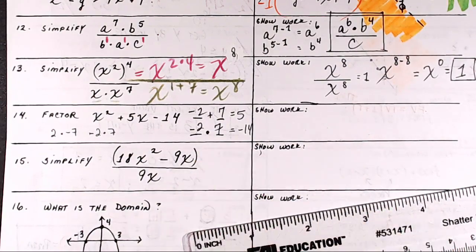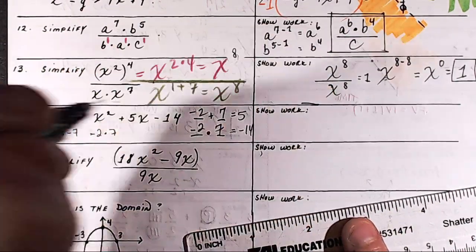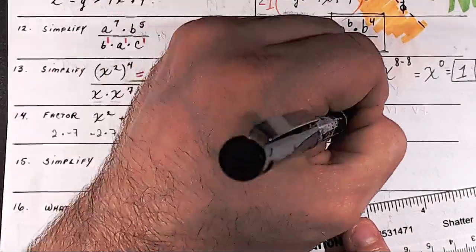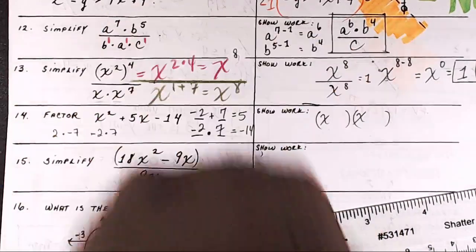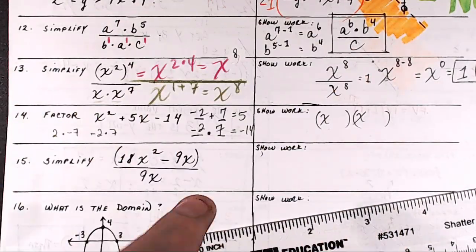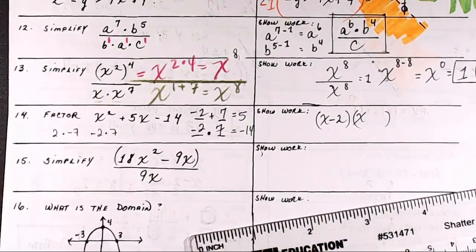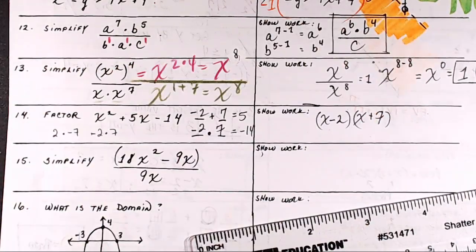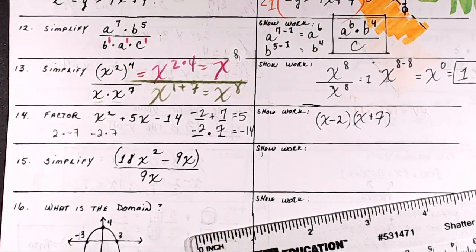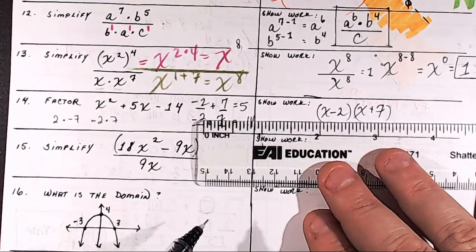So the way I write those factors is I'm going to put open parentheses, close parentheses, open parentheses, close parentheses, x and x. And then I've got minus 2 and plus 7. Okay? So those are your factors. And that's the answer to that.